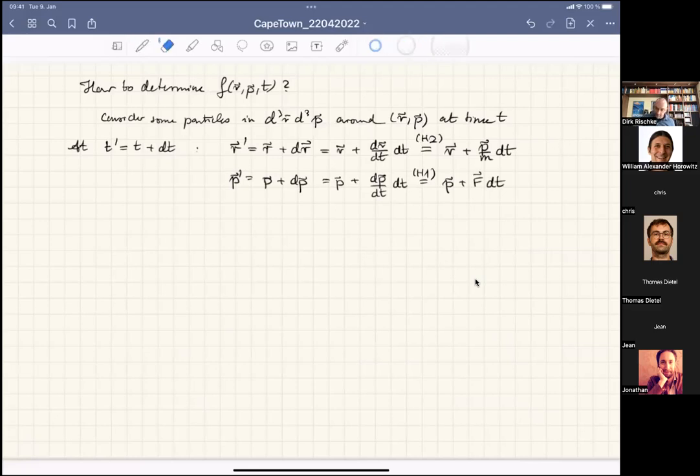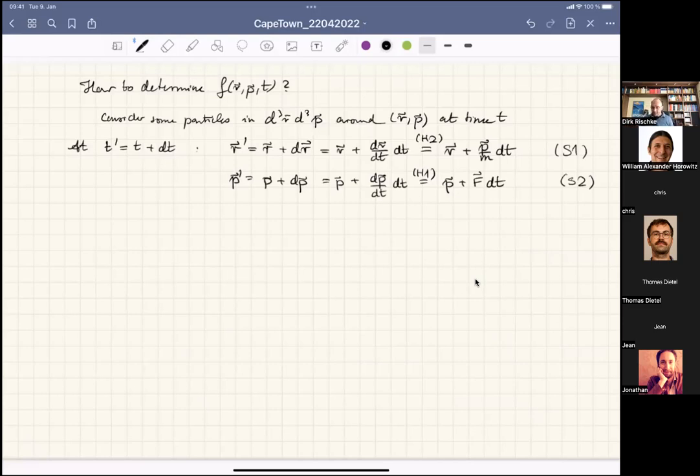Let me call these equations S1 and S2, like shift in position and shift in momentum. And if nothing happens, if these particles don't interact with each other, but just interact due to this external force field, then this is all that happens, okay?